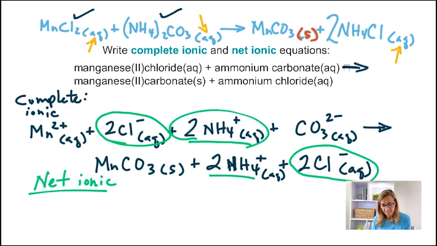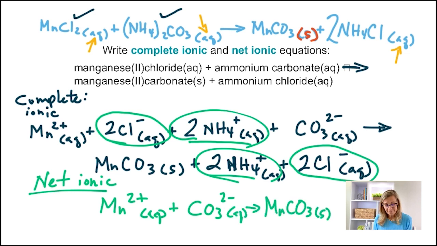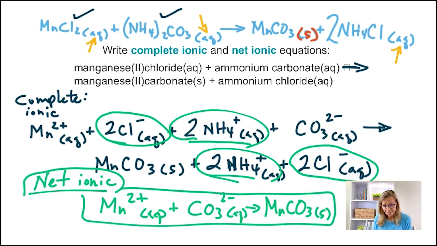Okay, so if we eliminate the ammonium and the chloride from both sides of the reaction, here is the net ionic. All we have left is manganese, that's aqueous, and carbonate solid. And that, my friends, is the net ionic.